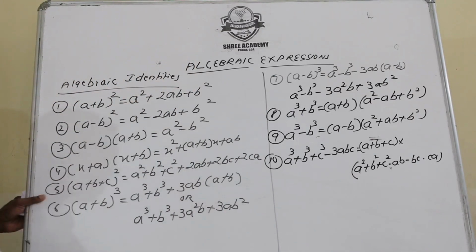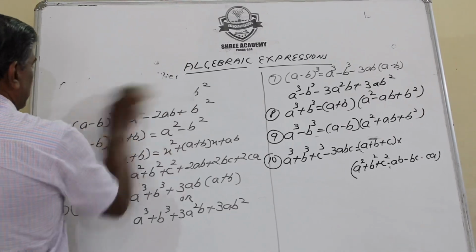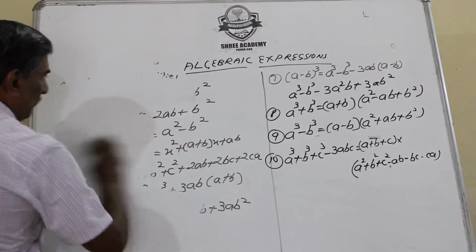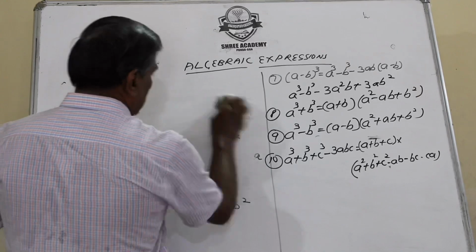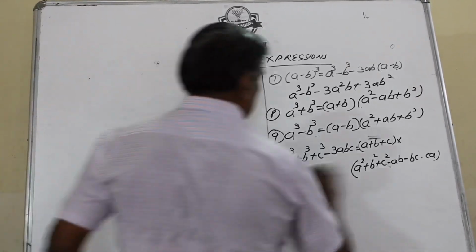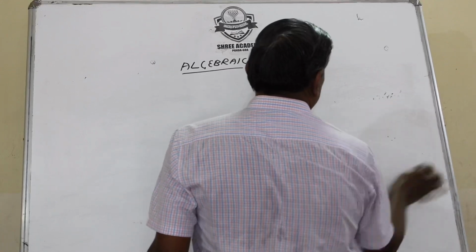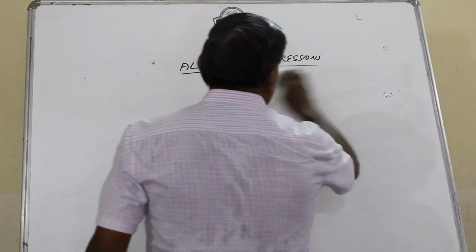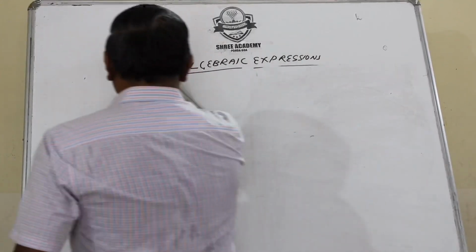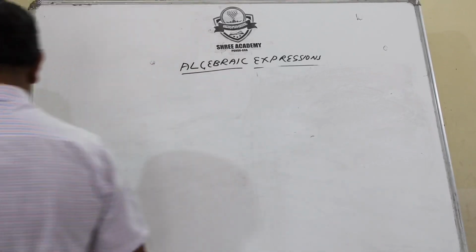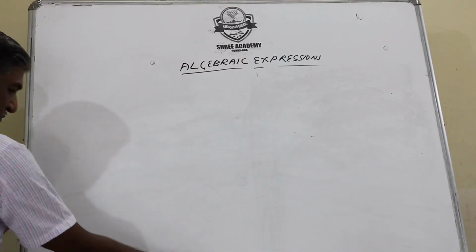So these are called the algebraic identities. Now we will do a few sums on this, so that we get to know what should be done.